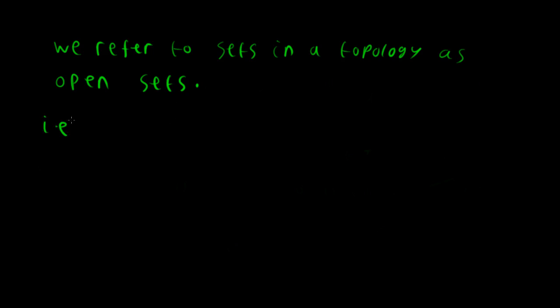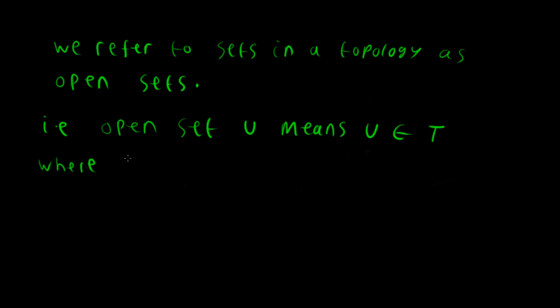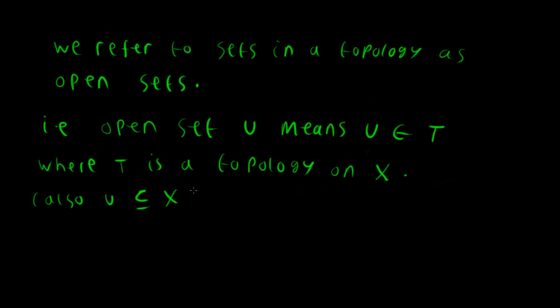So, an open set U means U is in T, where T is a topology on X. And this means that U is a subset of X as well. So you might see a lot of different notations here, or lots of different words.